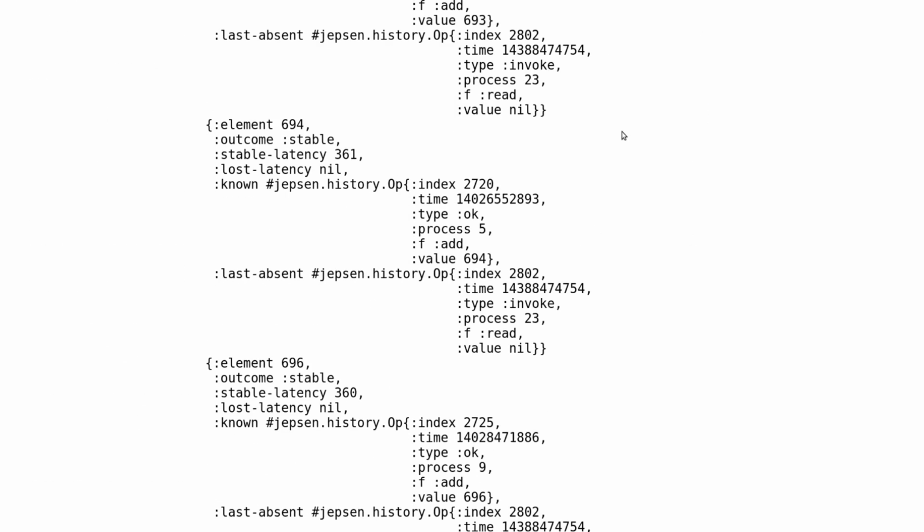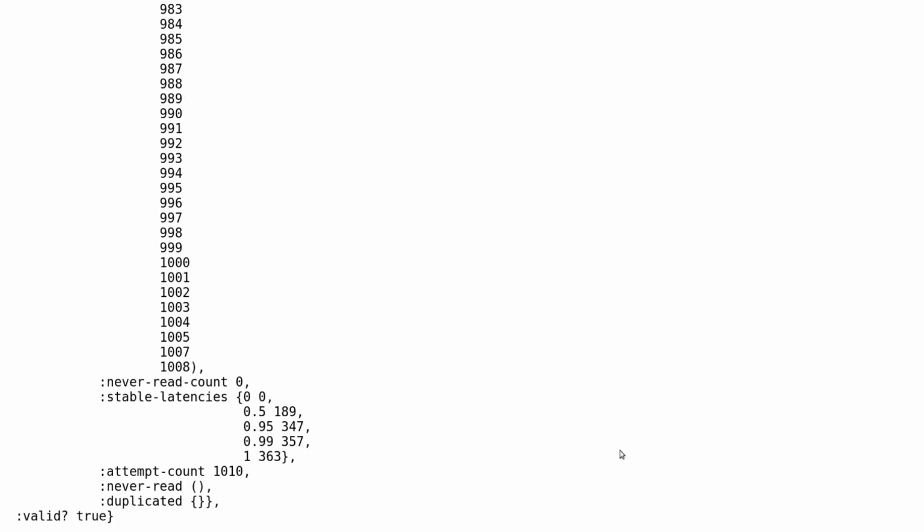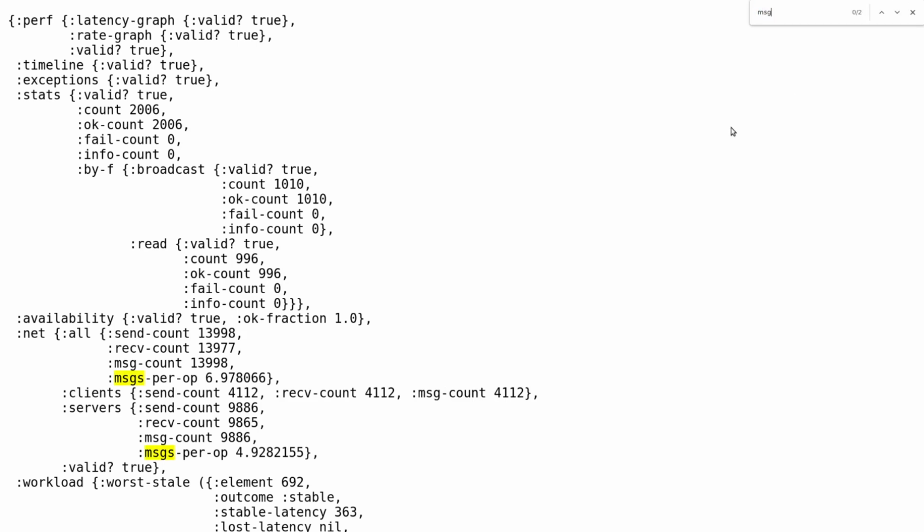About the result, they expected us to give a median latency of 400 milliseconds, and we have achieved 189 and maximum as 363. So this is acceptable. The next one is messages per operation.